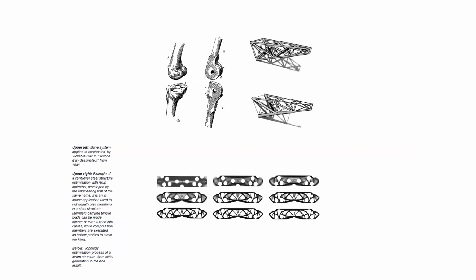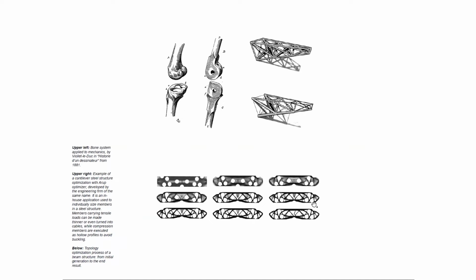This means that we are putting the material where it's needed, and we are removing it from the places where it's not needed. We can do this in an iterative way, and we can find the most structurally efficient solution.